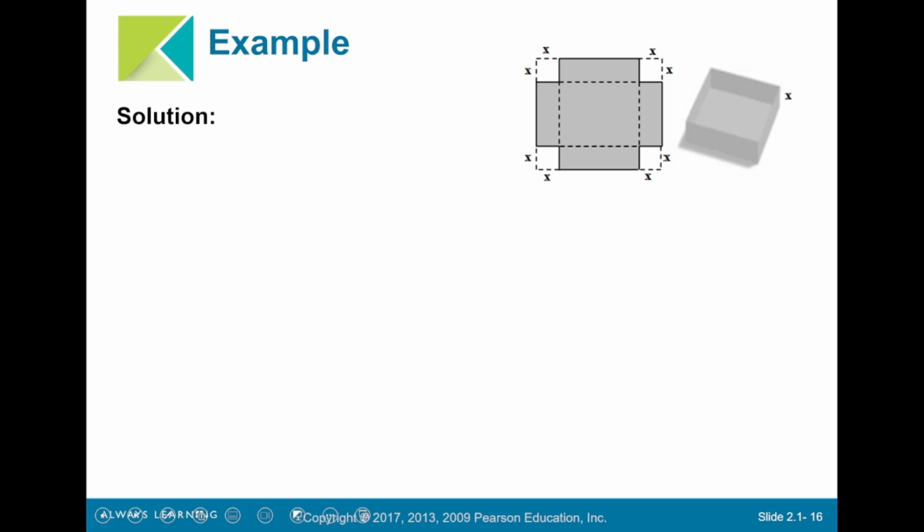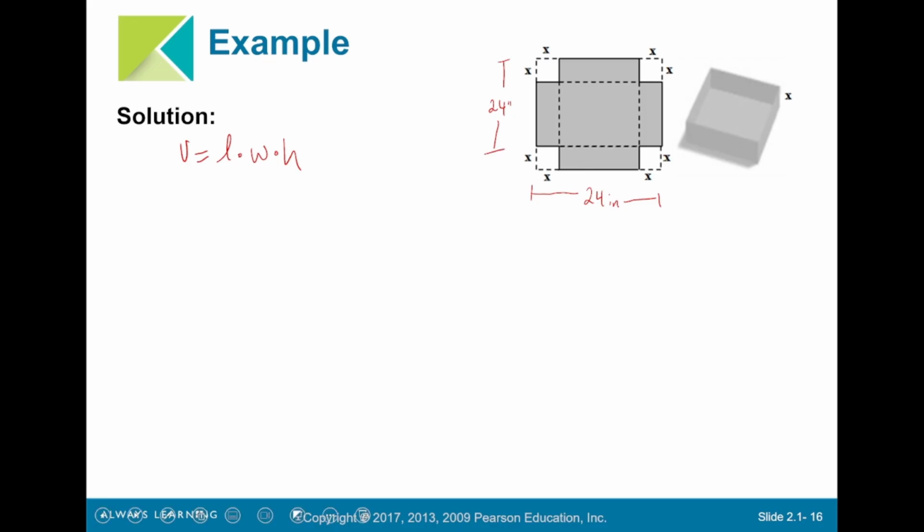So to solve this problem, to start off, remember that we need to use the volume formula. And that is V equals length times width times height. We also want to remember that the length of this cardboard box was 24 inches. And that it's a square, so this side is also 24 inches.